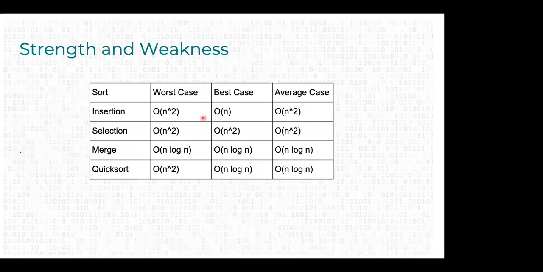Yeah, this one I wanted to compare all these sorting techniques: the insertion, selection, merge sort, and quick sort. Insertion, selection, and quick sort are all O of n square in the worst case, and merge sort is n log n. In the average case it is n log n for merge and quick sorts.